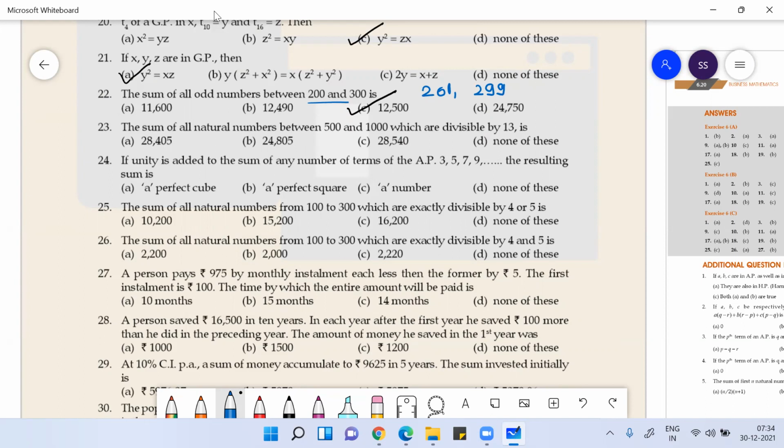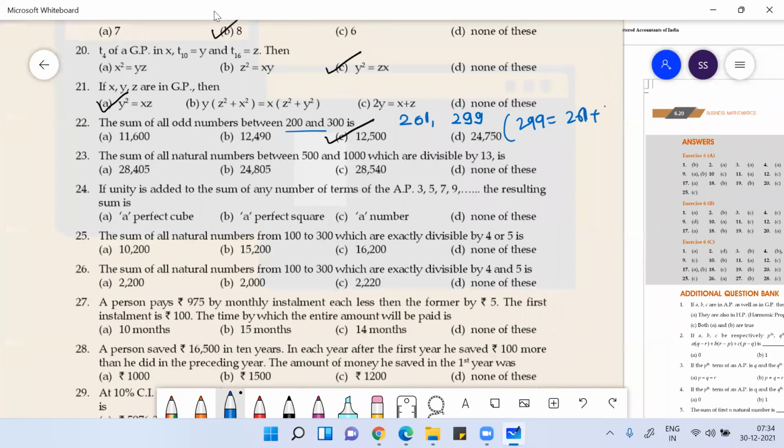If you don't know, you can use the formula: 299 is equal to 201 plus difference 2 into (n minus 1). 98 is equal to 2 into (n minus 1), so 49 is equal to n minus 1. n is equal to 50.